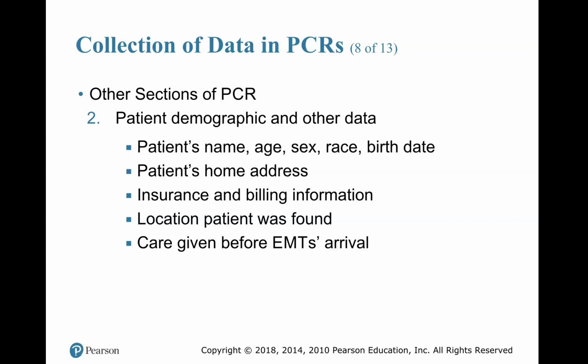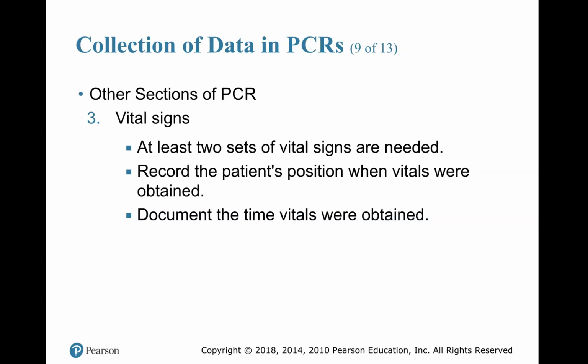Patient demographic and other data, like patient's name, age, sex, race, birth date, patient's home address, insurance and billing information, location patient was found, and care given before the EMTs arrived.